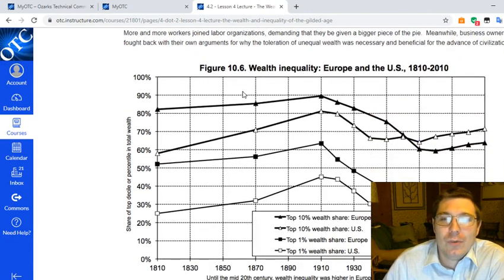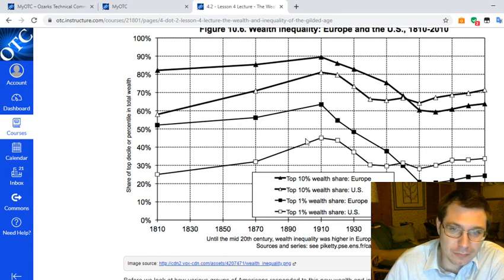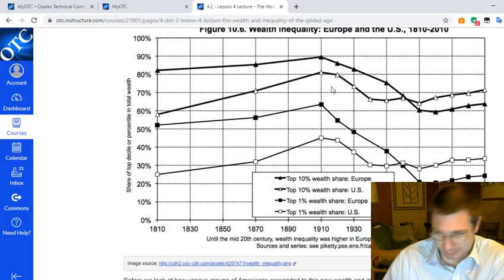Here's a graph of that wealth inequality. The top 1% in the US went from owning a little over 30% of the wealth to 45% by the end of the Gilded Age. And if you look at the top 10%, they went from 70% to 80% of the wealth under their ownership.